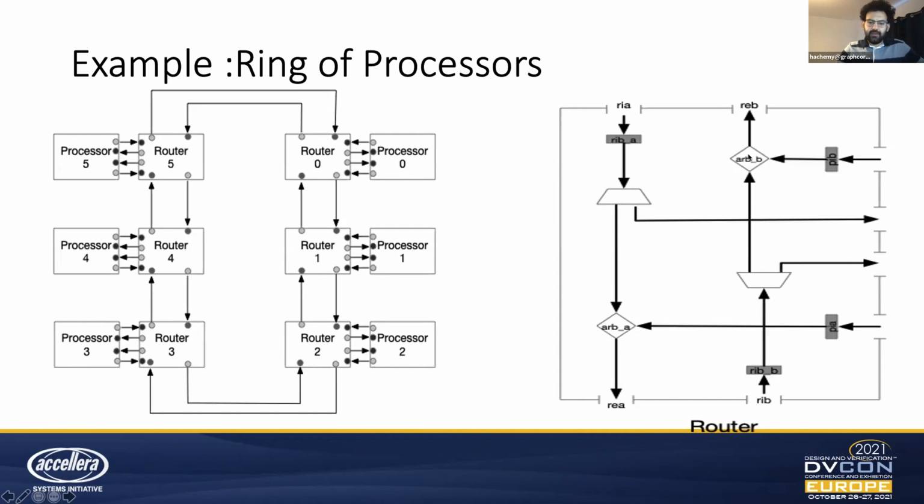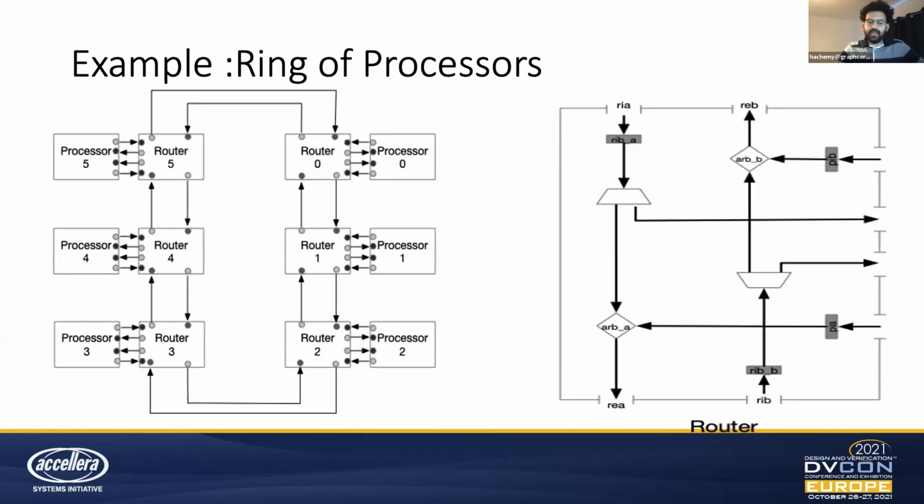And basically you have an arbiter here that arbitrates between these 2 streams of traffic and sends one of them here. This is a round-robin arbiter. And then you have the ports that are connected. You have 2 ports that are connected to the router, and then 2 ports to receive from the router for each processor.